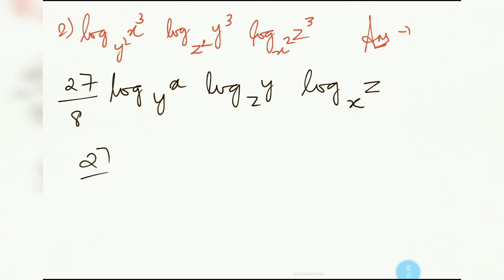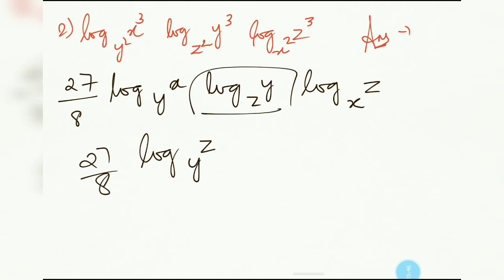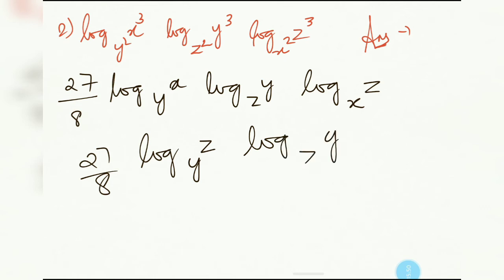Okay, so how you're going to write it, I'll tell you. So 27 by 8 log, here and here is x, here also it is x. So just bring that number and base y. Understood? And what was left out? This is left out, just write it like that. So log y to the base z. Am I correct? So next, here also this base and this number y are the same.